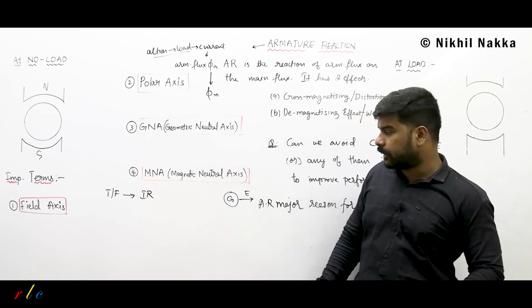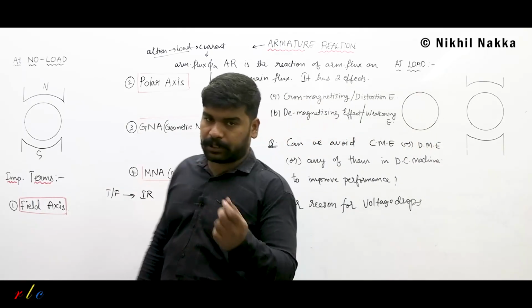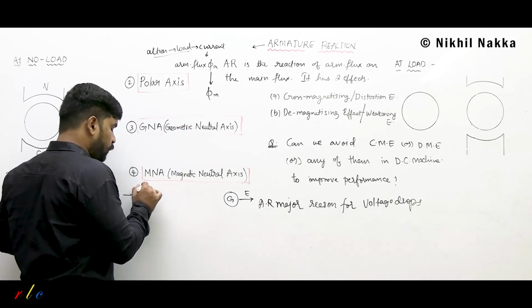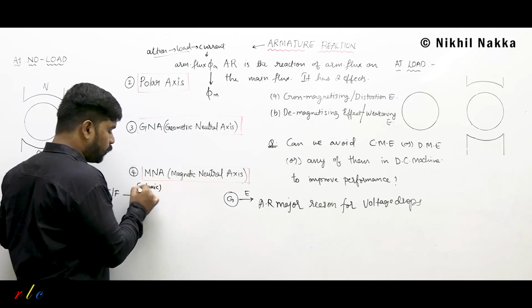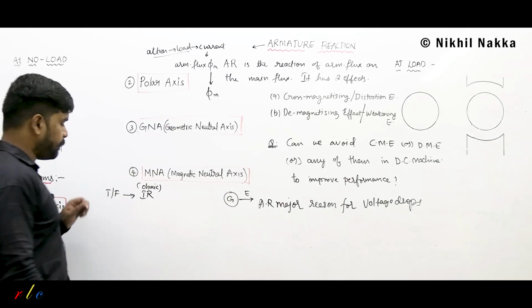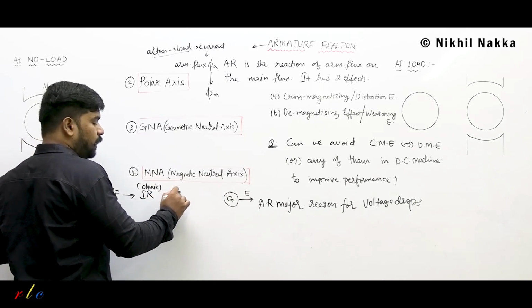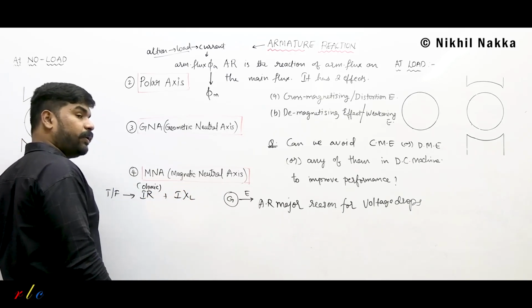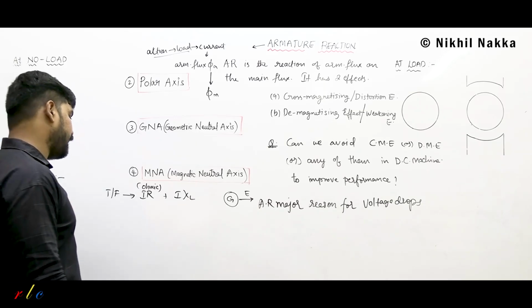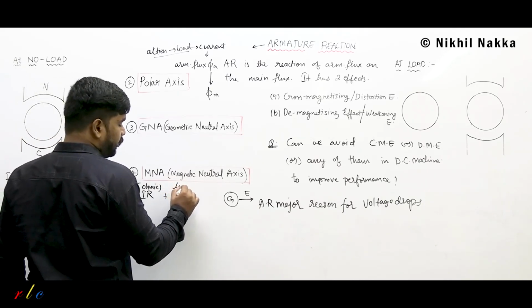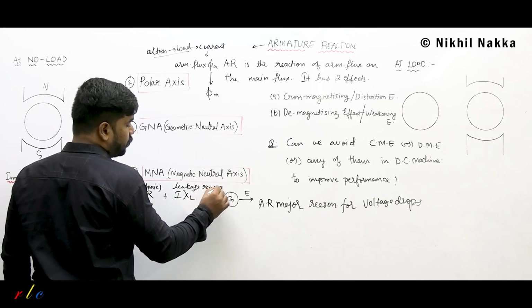The winding has a resistance, and hence you have an IR drop, which is nothing but a resistance drop, or simply you can call it ohmic drop. At the same time, what else do you have in the winding? You have a leakage reactance, so you have a leakage reactance drop I XL. Okay, so the leakage reactance drop is also there.